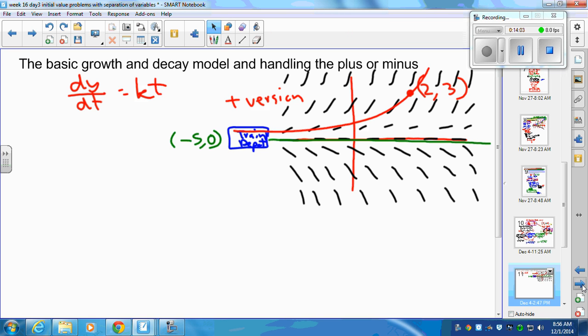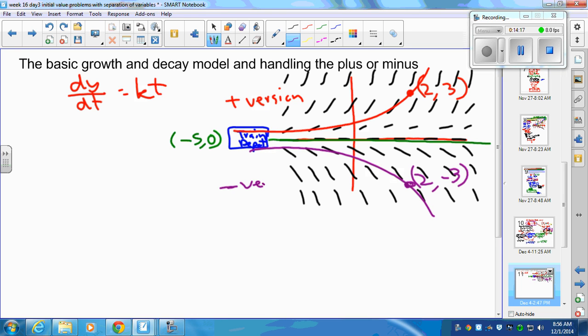And if I start here and peel down, let's say through the point (2, -3), you're going to get a negative version. I want you to see all of that through the pluses and minuses.